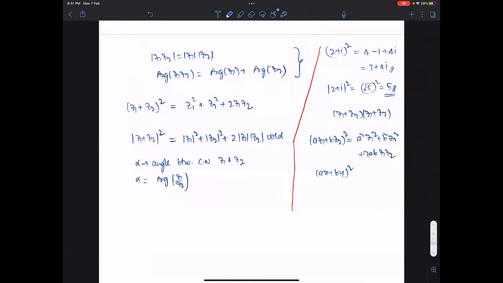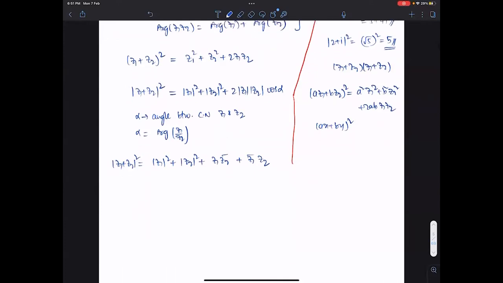Now, there is another formula. Mod (z1 plus z2) whole square is mod z1 square plus mod z2 square plus z1 z2 bar plus z1 bar z2. Like this also you can write.